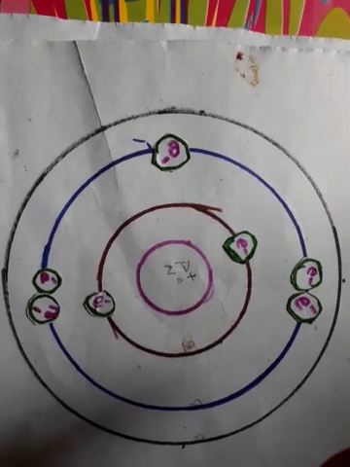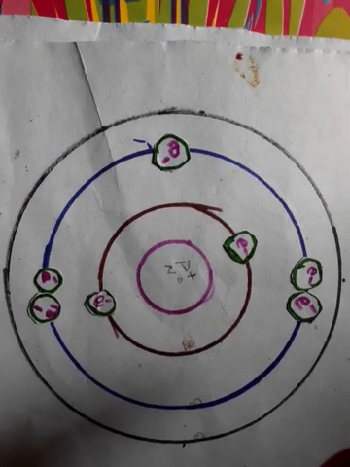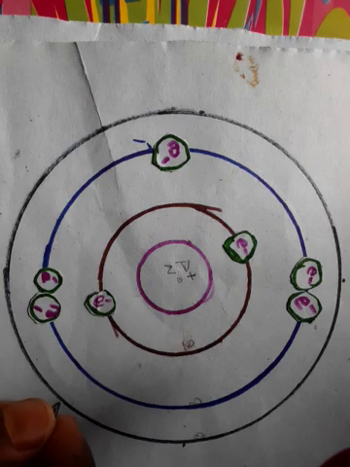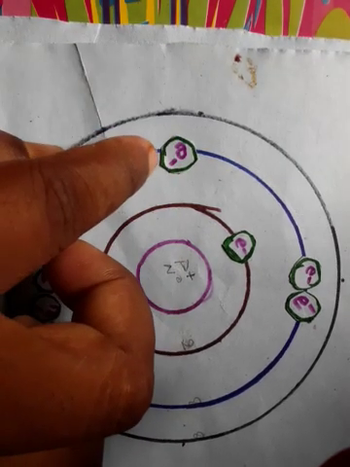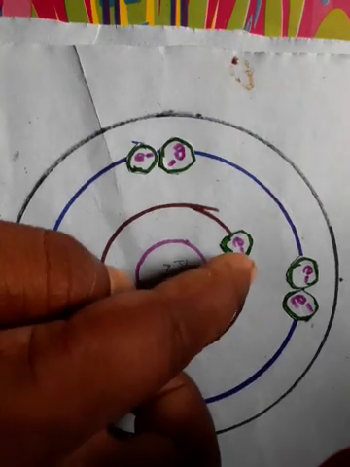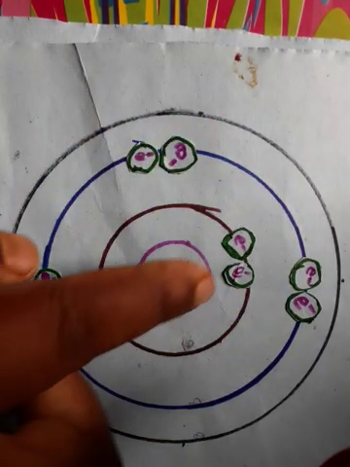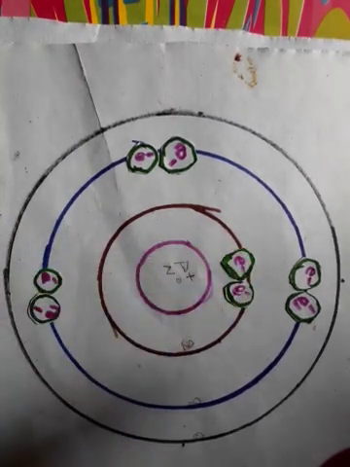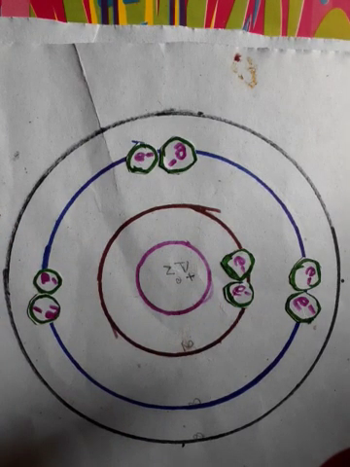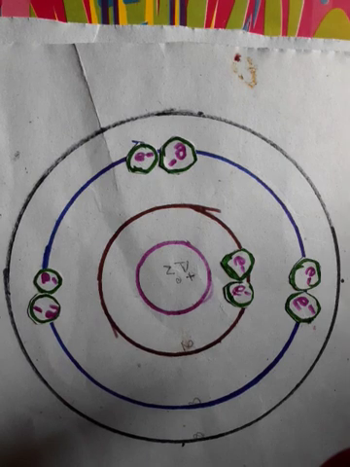Atomic number 8 is oxygen, and oxygen has 8 electrons. That means 2 electrons in the first orbit and 6 electrons in the second orbit, and altogether there are 8 electrons, and the atomic number of oxygen is also 8.